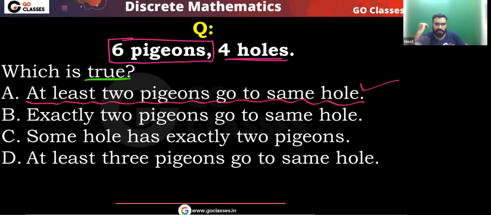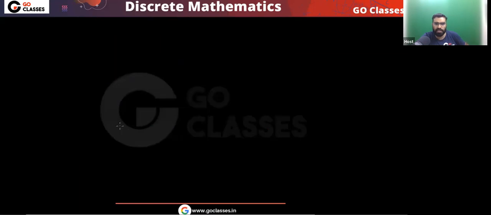Can I guarantee that exactly 2 people will go to the same hole? Is it guaranteed that option B will happen? Can you create a counterexample for option B?